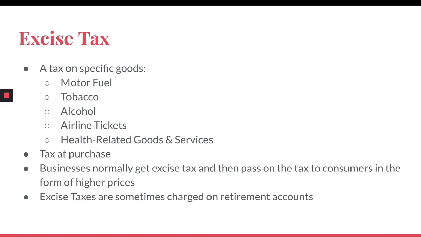So next is the excise tax. It's a tax on specific goods such as motor fuel, tobacco, alcohol, airline tickets, and health-related goods and services. So you get a tax at purchase, and businesses normally get excise tax and then pass on the tax to consumers in the form of higher prices.